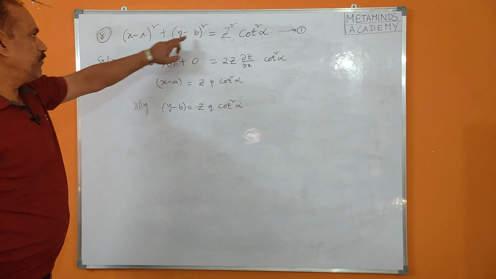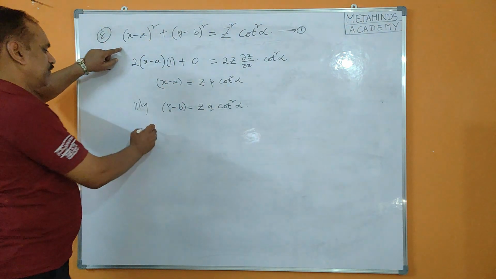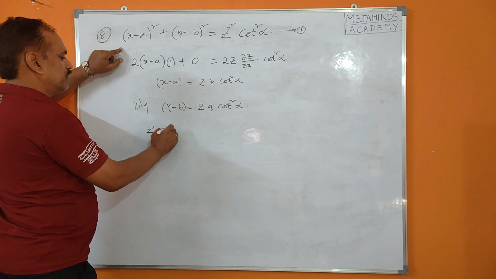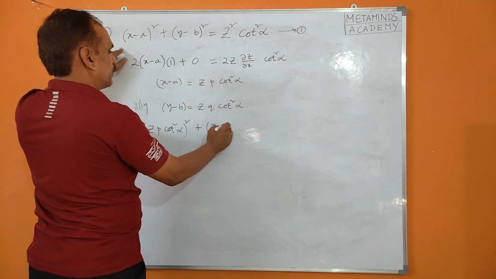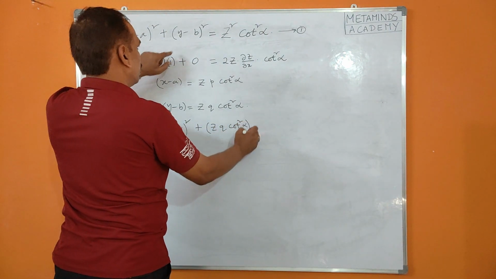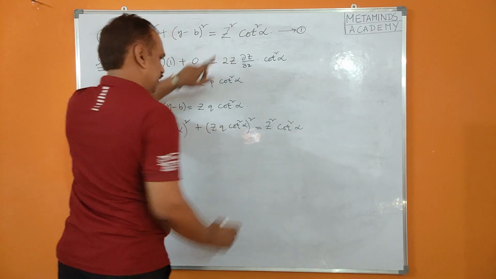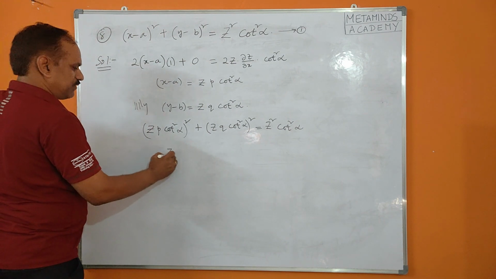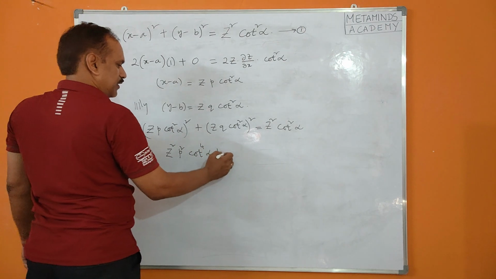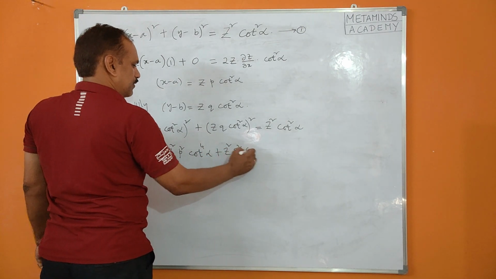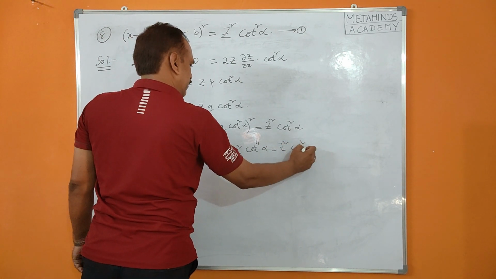We need to eliminate a and b, and we have x minus a and y minus b. Just replace them in this equation. Zp cot square alpha whole square plus zq cot square alpha whole square is z square cot square alpha. So it is z square p square cot power 4 alpha plus z square q square cot power 4 alpha equals z square cot square alpha.